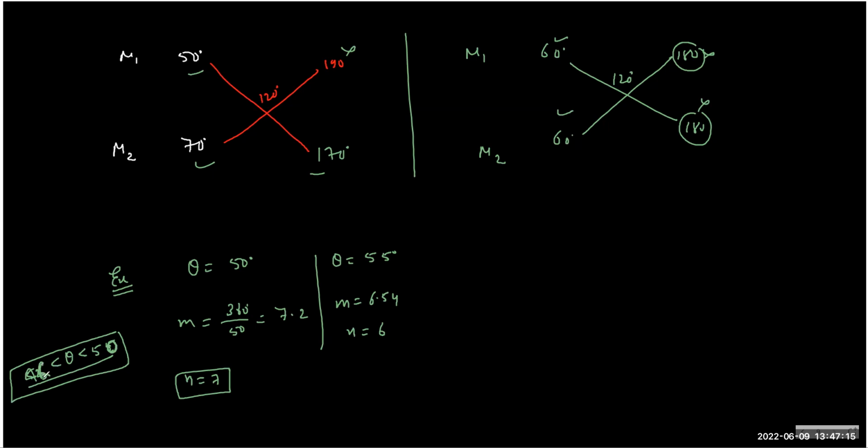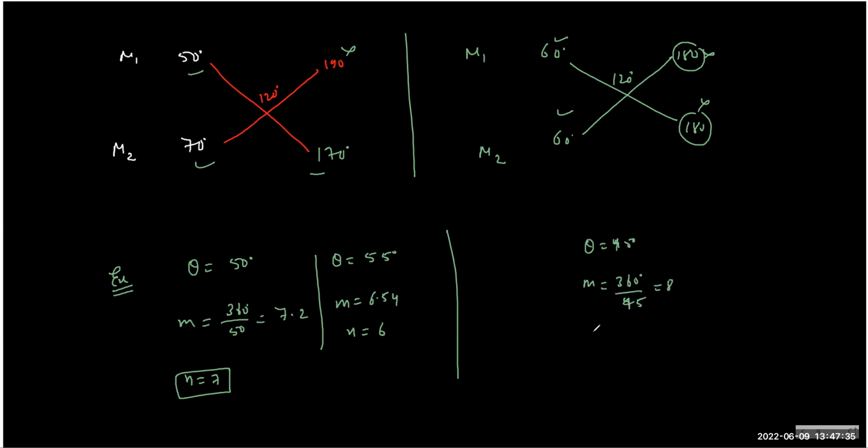In fact, you can take 45 also. This is very interesting. If theta is 45, what's the answer? 360 by 45, which is 8. 8 is even, so n will be 7. So at 45 degrees, number of images is 7, and even at 50 degrees, number of images is 7.